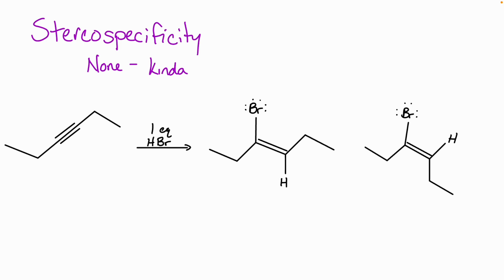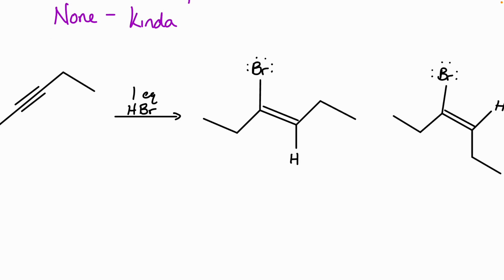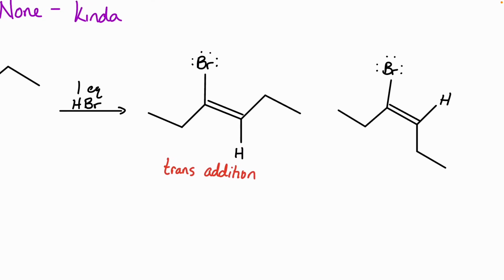Now we have to be careful because technically speaking, we can't call this cis or trans. We would have to use E or Z. But looking specifically at what's being added to our triple bond, our bromine and our hydrogen, we're going to call this one the trans addition, and this one the cis addition.